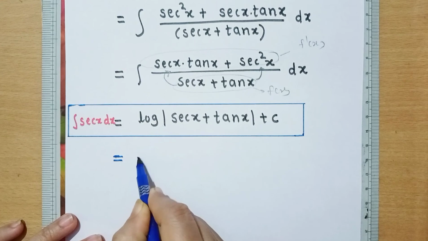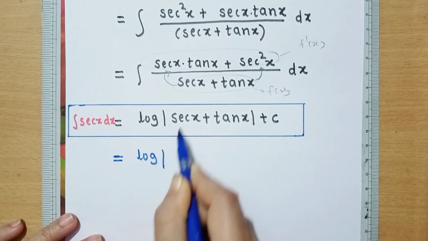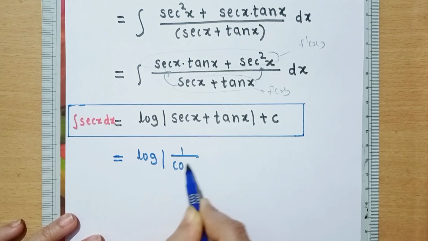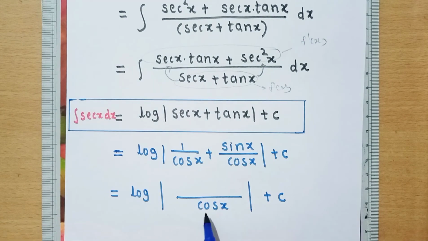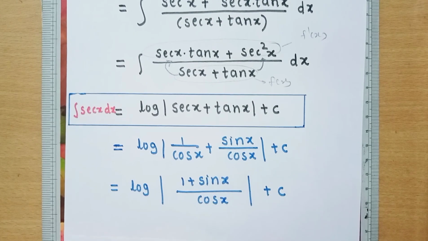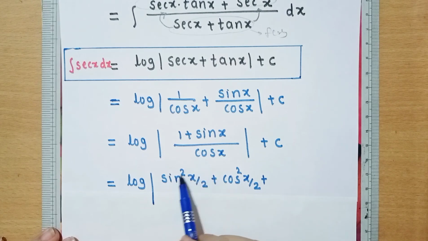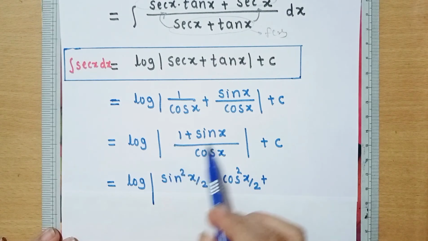In another way, we can write this as sec means 1 upon cos and tan means sin upon cos. The denominator is the same, so we will add the numerators, and again we will write 1 as sin square x by 2 plus cos square x by 2 by this identity.